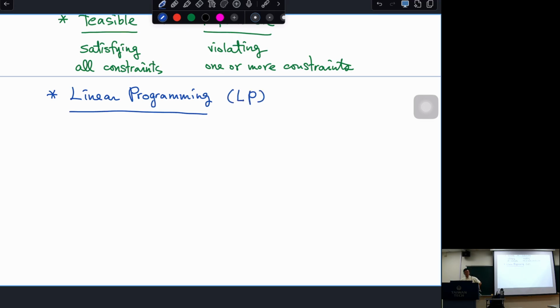For short, LP. Okay? So when you try to use linear programming to solve the constraint optimization problem, you need to follow a general format for LP. Otherwise, LP cannot handle it. So there is also a general problem format or problem formulation for LP.